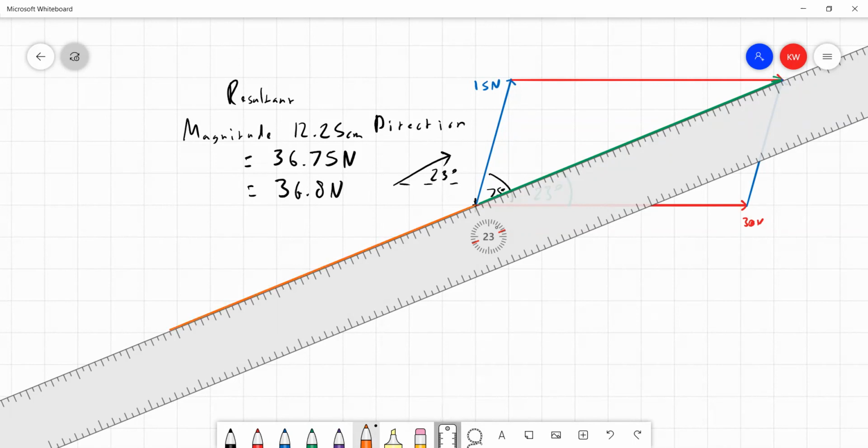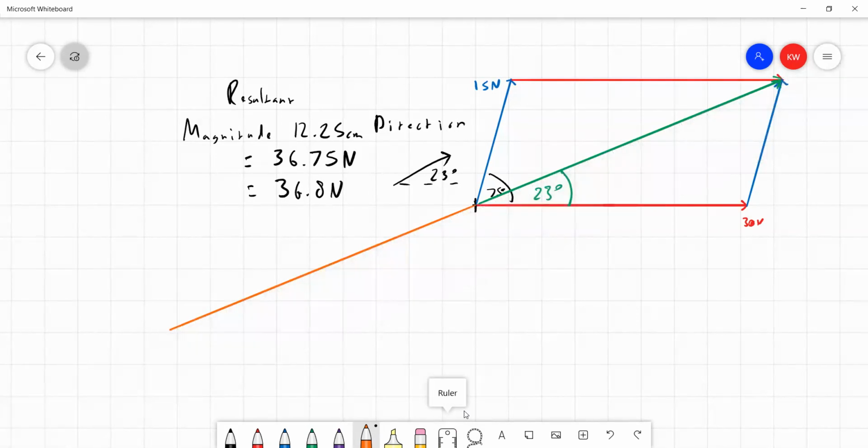So it'll be the same size of vector, 36.8 newtons. And if we draw in a horizontal line here, we're coming down at an angle of 23 degrees. And we could write all that as well.